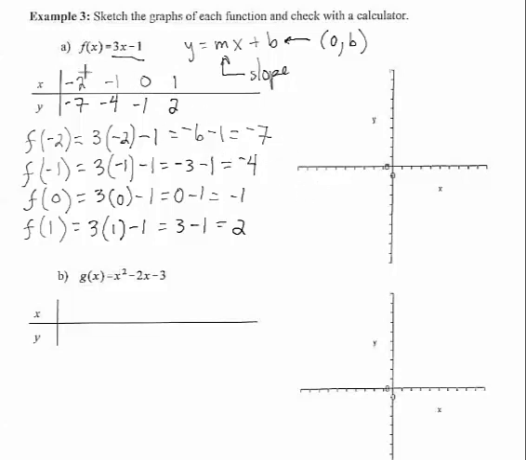Okay, now I simply take these pairs of numbers and plot them on my coordinate plane over here to the right. So -2 and -7. Here's my origin. That means x equals 0, y equals 0. I want to start with my x, and with a value of -2, that means I need to move over 1, 2 to the left.